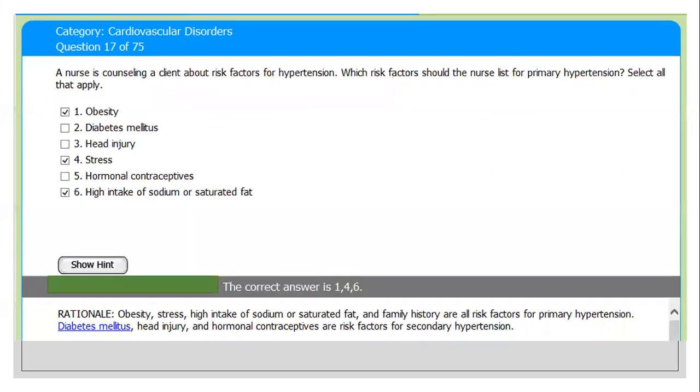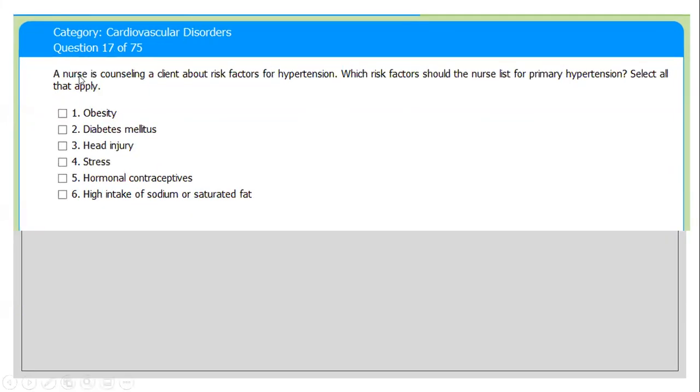So next question here. A nurse is counseling a client about the risk factors for hypertension. Which risk factors should the nurse list for primary hypertension? Select all that apply. Right? So primary hypertension, my friend.